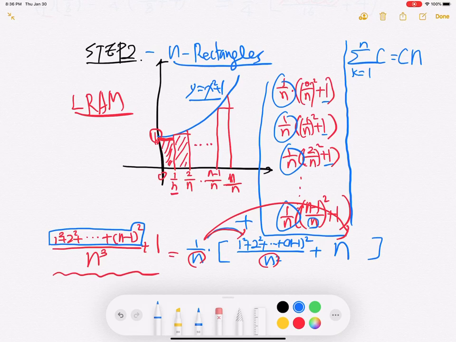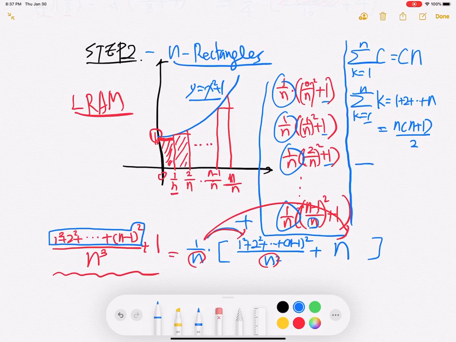And the second equation, sigma k equals 1 to n of k. What does it mean? Plug in 1 for k, that's 1. Start from 1 to n, so next number is 2. Sigma means sum, so 1 plus 2 plus, keep adding to n, and that formula is n times n plus 1 over 2.